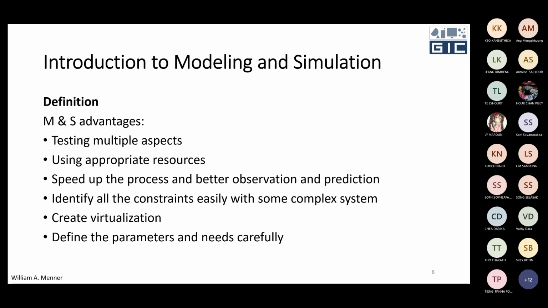Every aspect of your proposed system before development, you will know everything. However, it's not 100% accurate, but at least you know something about the input and the result of some features inside your model. And after that, another thing is the way that you identify the constraints in a complex system.